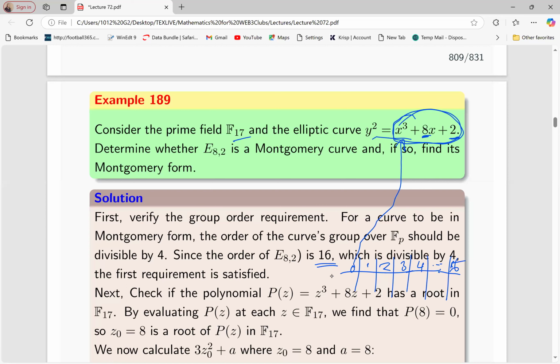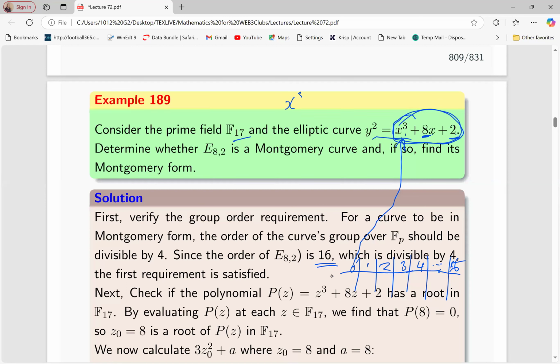What do we mean by a root? We mean a solution to some equation. And the solution to this equation should give us 0 if you substitute that solution. So let's substitute 0. When you substitute 0, where there's x, you get 0 cubed, which is 0, then 8 times 0, which is 0, then plus 2.